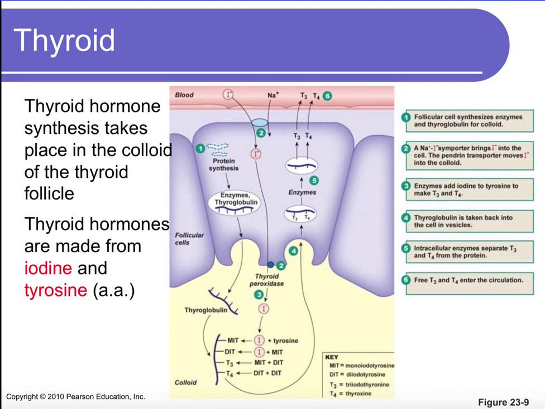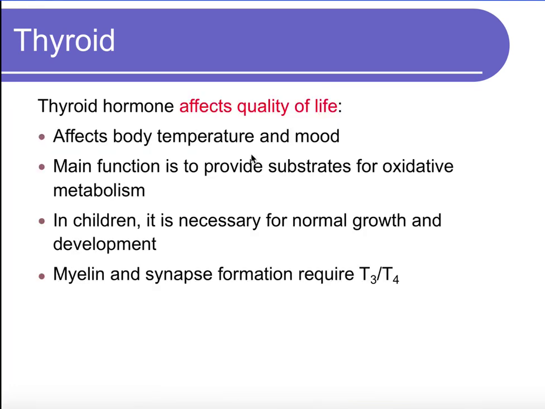And when thyroid hormone is stimulated to be released, we will release it in the form of T3 and T4. And both are released, but T3 is our active thyroid hormone, which means our T4 will lose an iodine in the blood and become T3. So what does thyroid hormone do? Well, it affects the quality of our life, which basically means without thyroid hormone, we will not perish, but our quality of life will suffer.